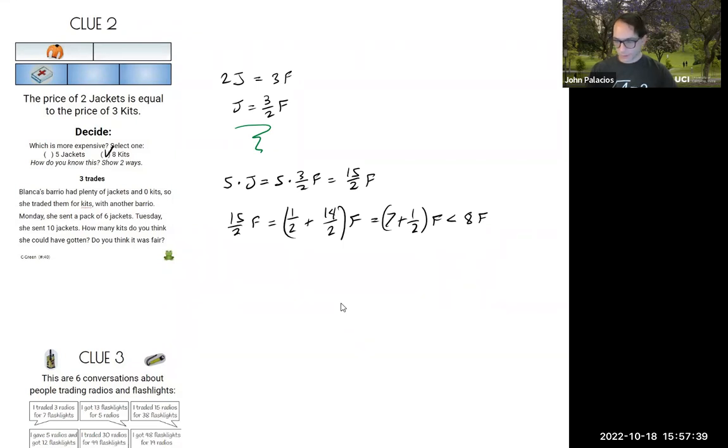So for example, the original trade says that you have 2 blocks times the price of the jackets is equal to 3 times the price of the first aid kit. And so we could rewrite the purely numerical values that we wrote earlier in terms of these pictures.